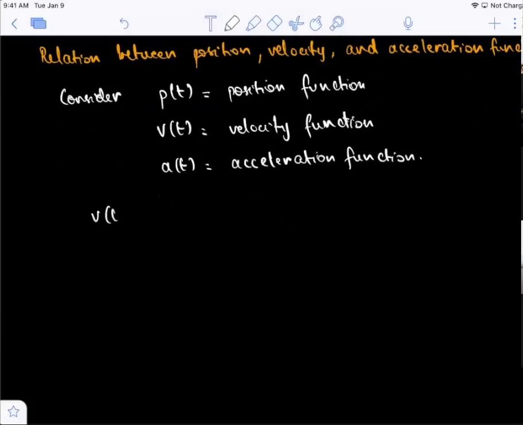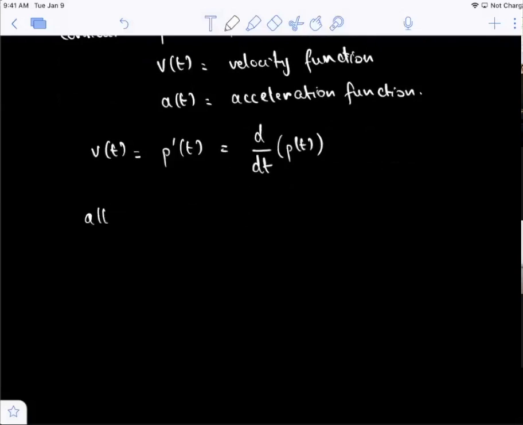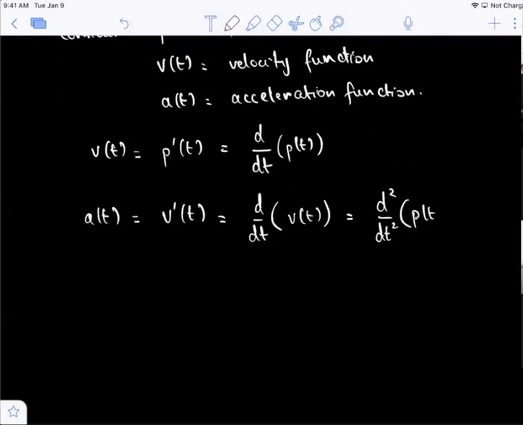V of t is equal to the derivative of P of t, or d dt of P of t. So the velocity is the derivative of the position function, and the acceleration function is the derivative of the velocity function, or it should be the second derivative of the position function.